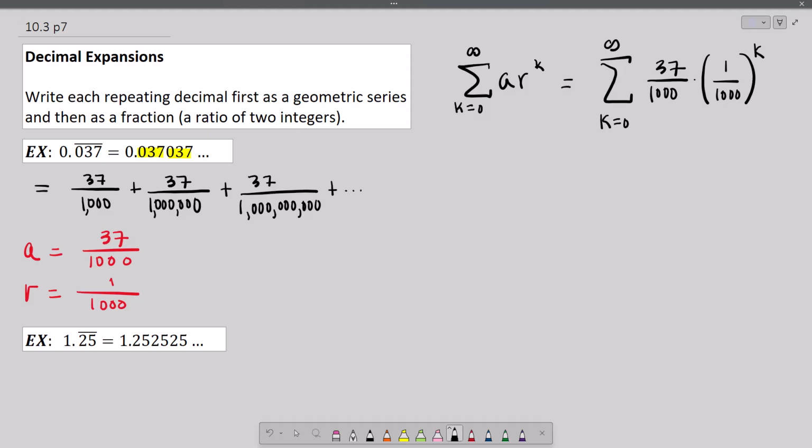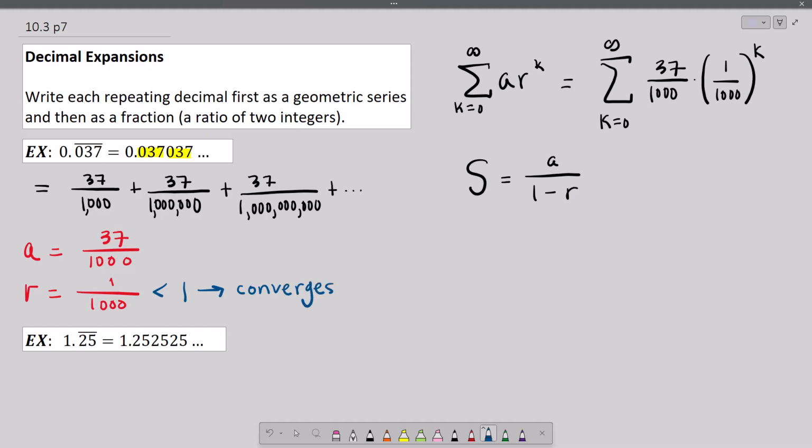And then we know that for an infinite geometric series, we will have convergence. First note, before I even plug into this formula, we can only plug into that formula if the series converges.